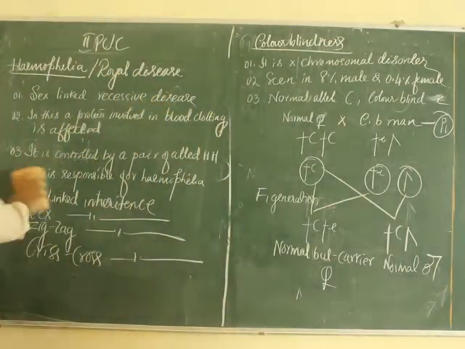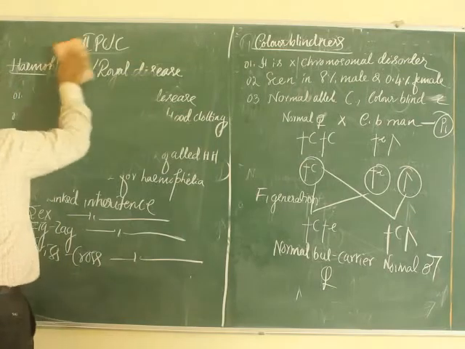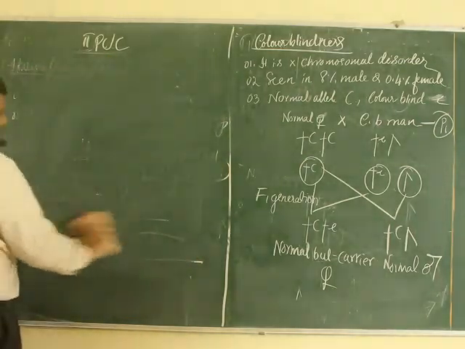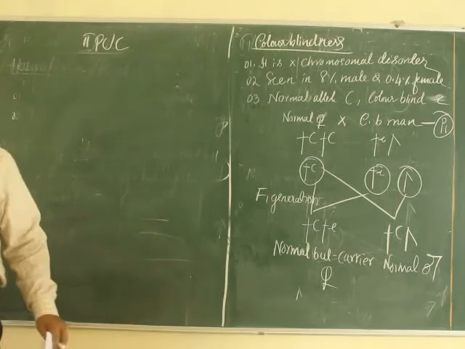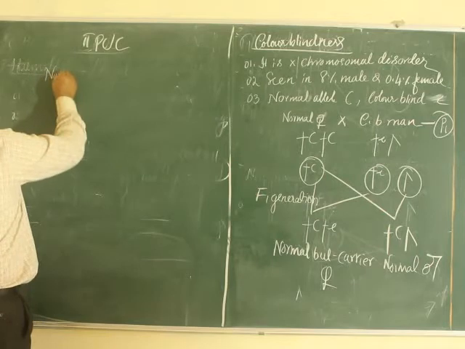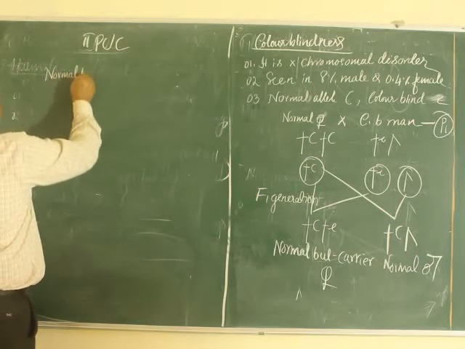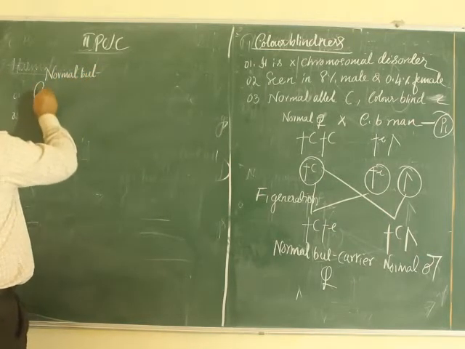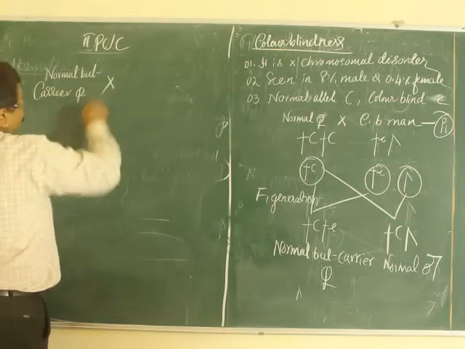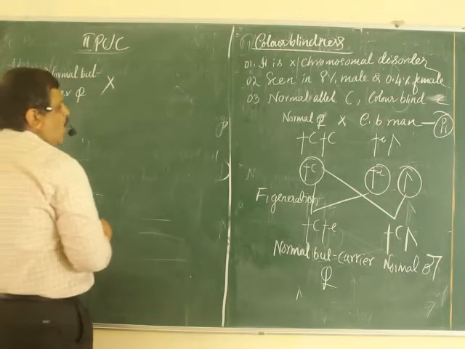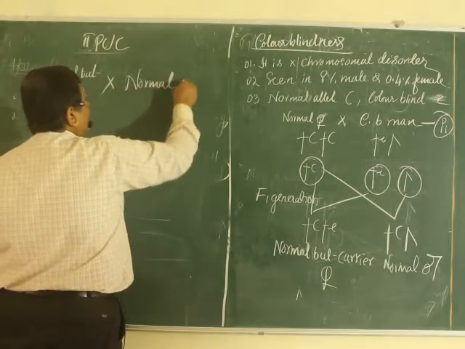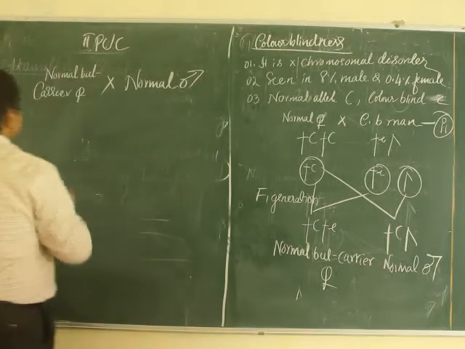When a normal but carrier female marries a normal male, capital C, small c, and capital C, Y, what happens?